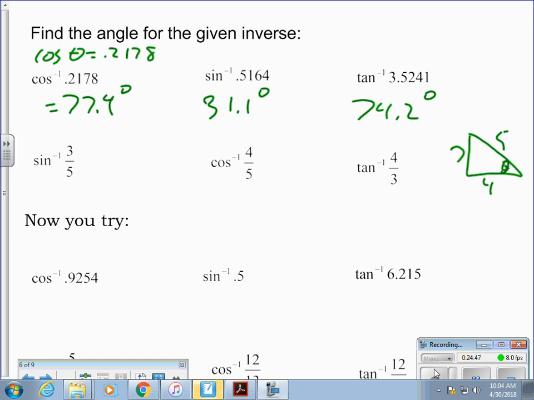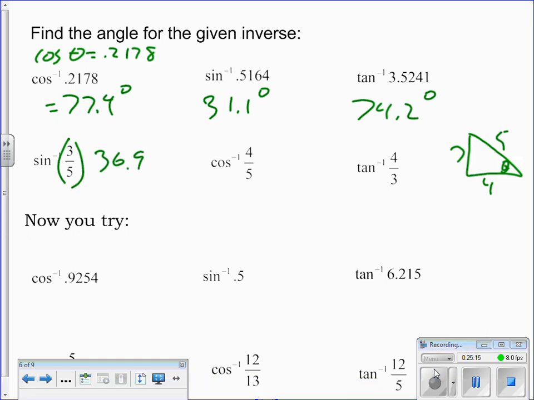When you do this, you have to make sure to put parentheses around your 3/5 when you take the inverse sine. You don't have to type it in as a fraction. You can do 3 divided by 5. That will work just fine. Inverse sine, parentheses, 3 divided by 5, end parentheses, and you get a 36.9 degree angle.